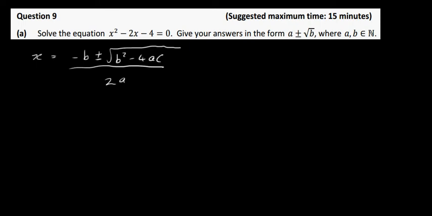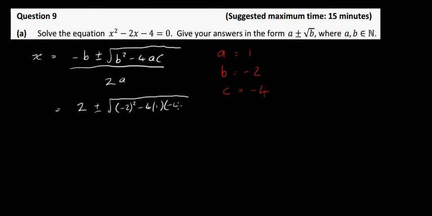Now in our case, let's see, a is going to be equal to 1, b is going to be equal to minus 2, c is going to be equal to minus 4. So there are 3 values that we need to put in here. So x is going to be equal to minus b, which is minus minus 2, which is 2, plus or minus the square root of b squared, so it's going to be minus 2 squared minus 4 times a, which is 1, c, which is minus 4, all over twice a, which is 1.